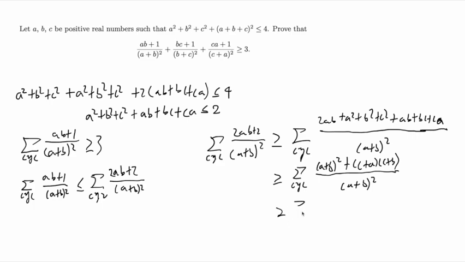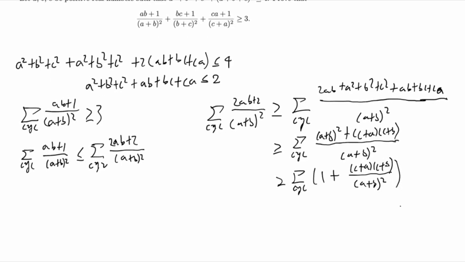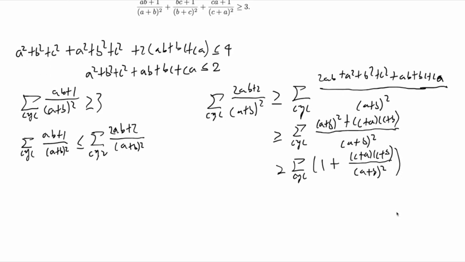cycles of 1 plus a plus b squared and c plus b. Now, what we can notice from here is that we might be able to use AM-GM inequality here.